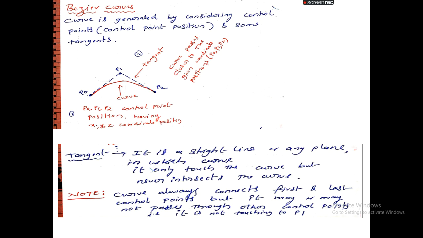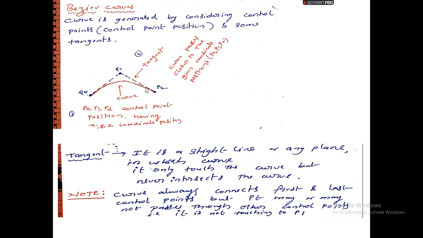And what is the definition of a tangent? A tangent is a straight line. It only touches the curve, but it never intersects the curve, like this. As you can see, P0 to P1 is one straight line. That straight line is called a tangent. P1 to P2 is also one more tangent.